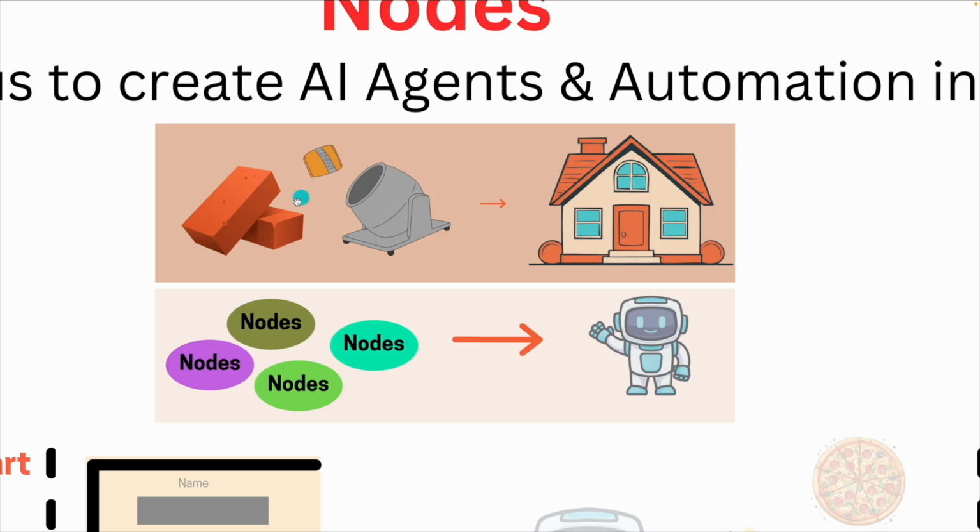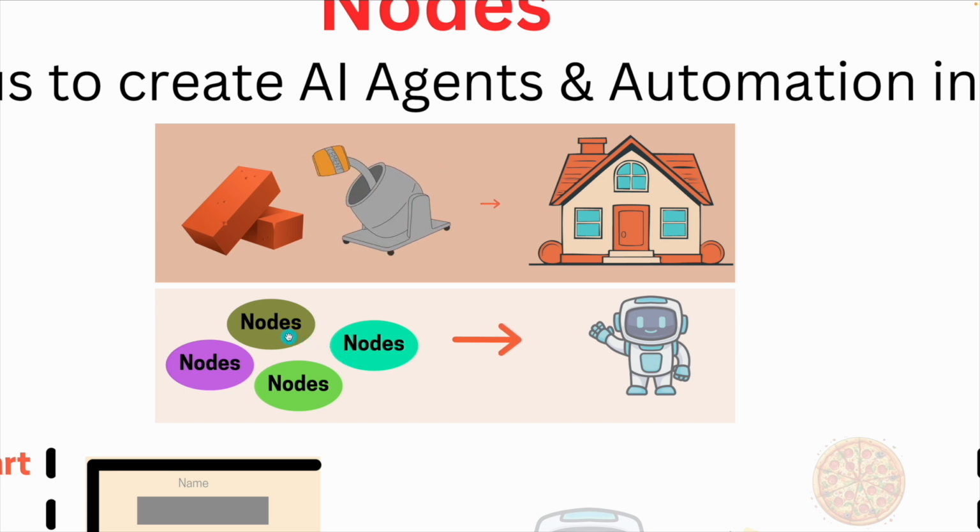So without all of these things, without using, let's say, bricks and cement, we cannot build a house. Similarly, when we talk about building an AI agent and automation, which is our robot, to build this AI agent and robot, we have to use nodes.